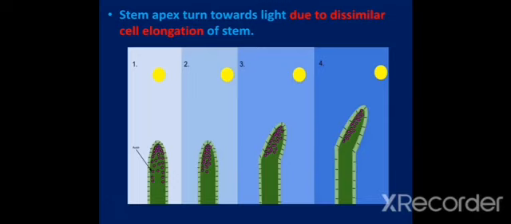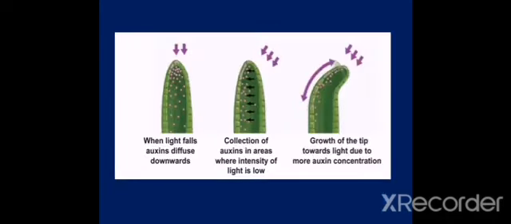We all know that plants curve towards sunlight, but we don't know the reason. So let's learn why plants bend towards sunlight. In the first diagram, you can see that auxin is produced in the tip of the shoot apex. When light falls, auxins diffuse downwards. That is, auxin travels downwards and collects in areas where the intensity of light is low.